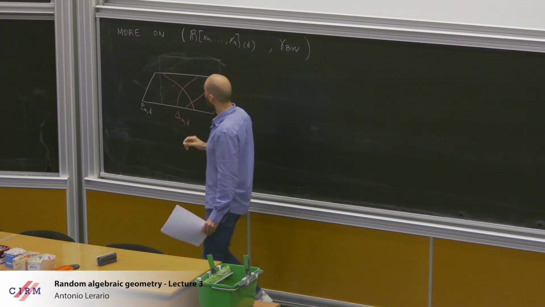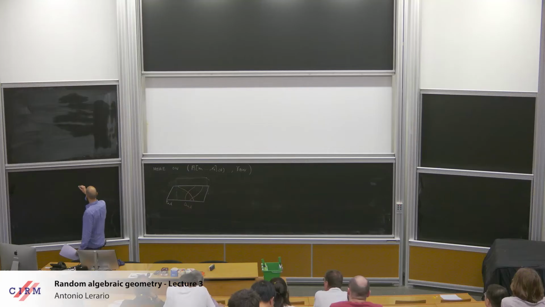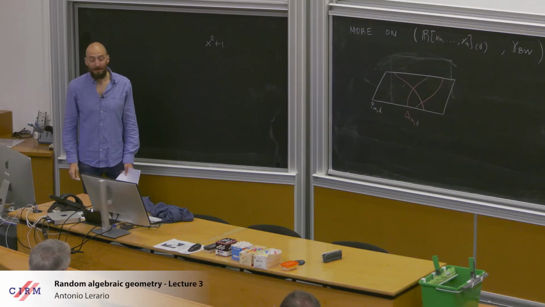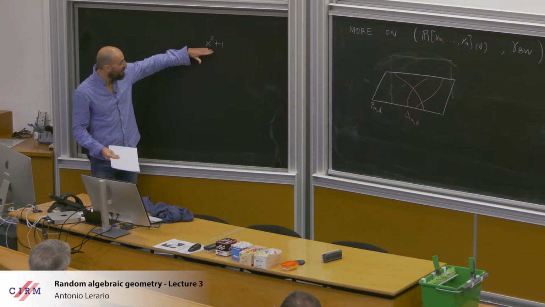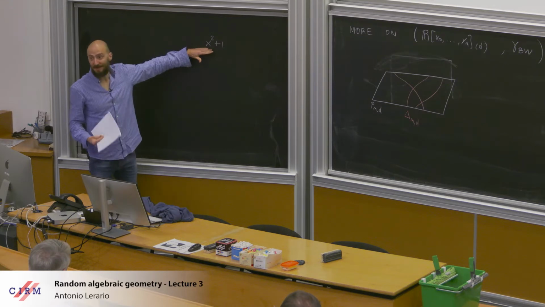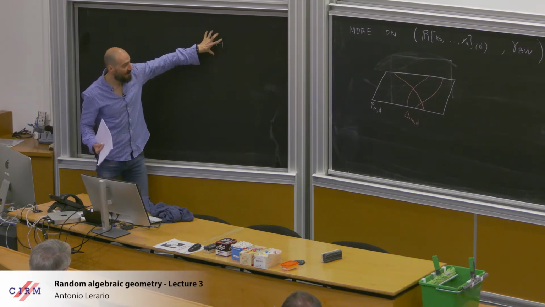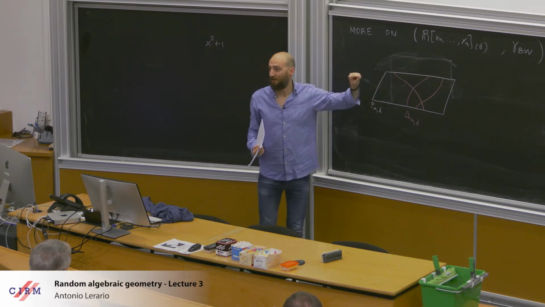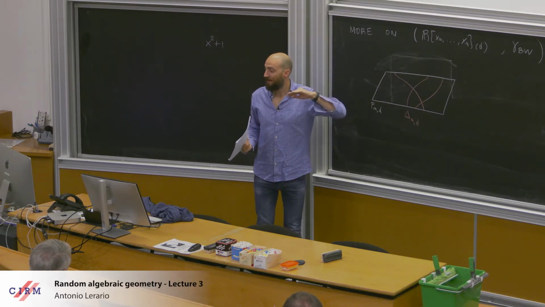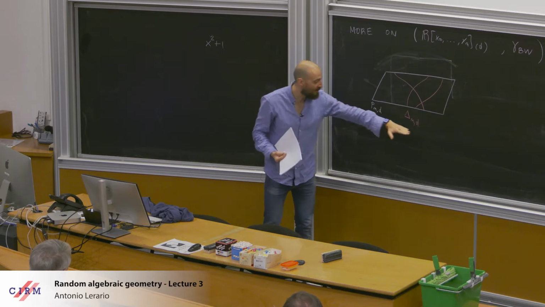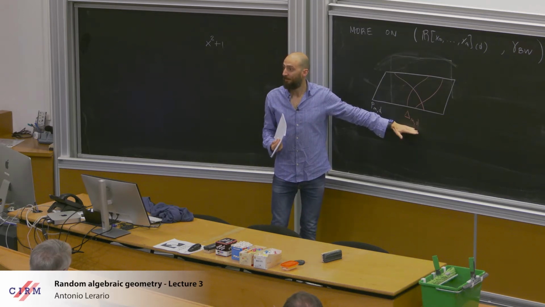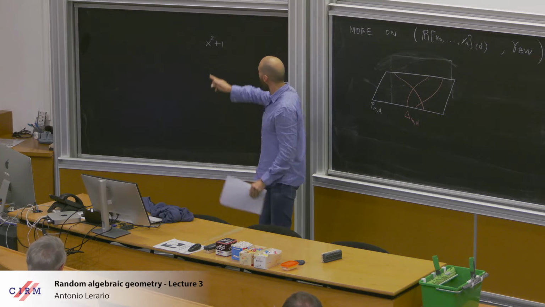If you take, for instance, the polynomial x squared plus 1, it belongs to the complex discriminant and it is real, but it's not singular from the real point of view. But objects of this type have higher codimension, so they don't separate the space. Why does it belong to the complex discriminant? Because it has a double root.